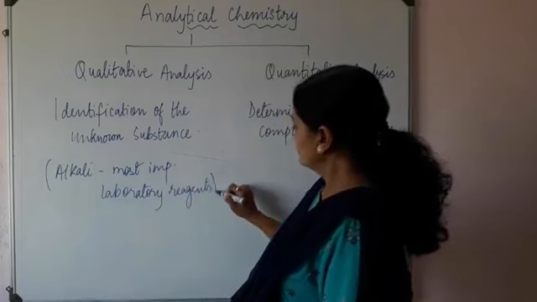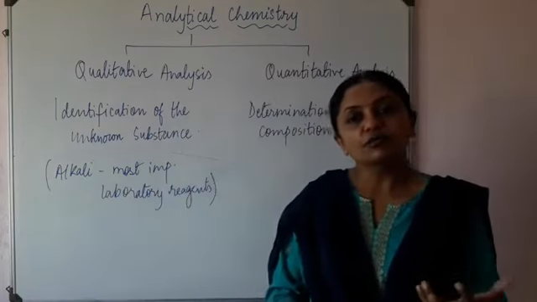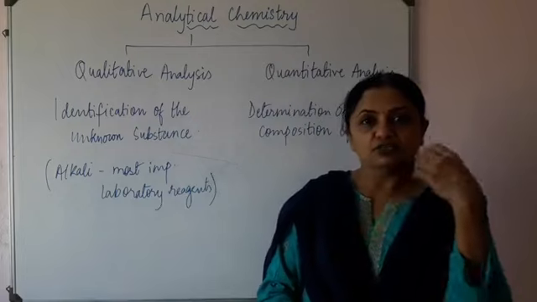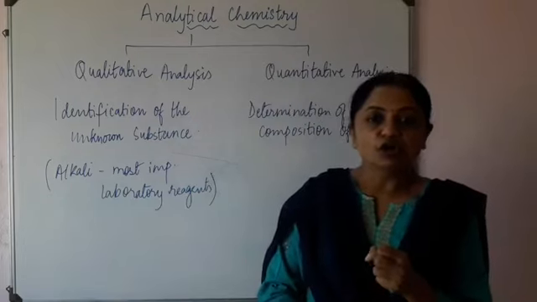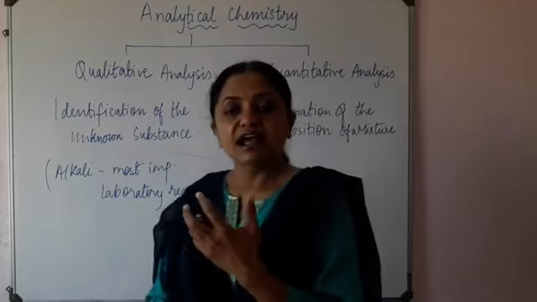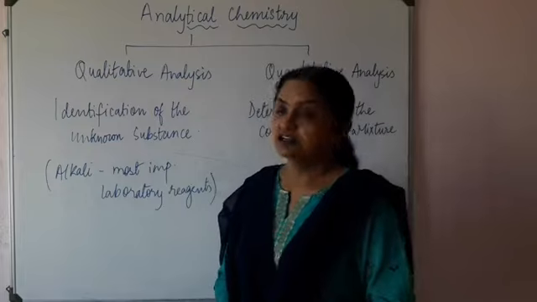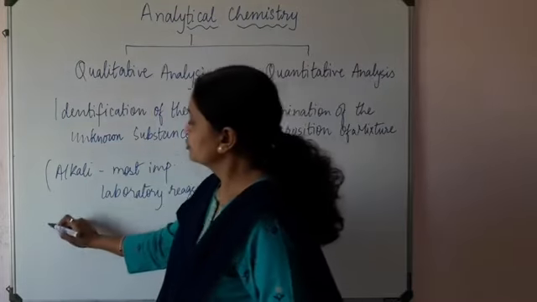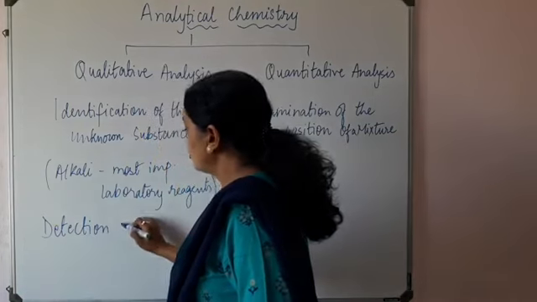When alkalis are added to a certain salt solution, they will give us a characteristic precipitate of metal hydroxides, and by that we will be able to identify the metal ion. So what we are going to do is detection of cations.